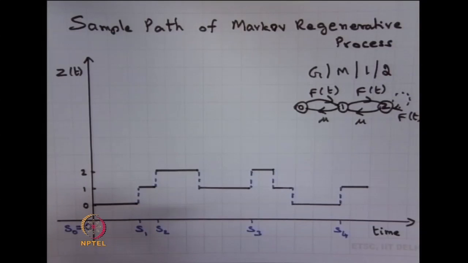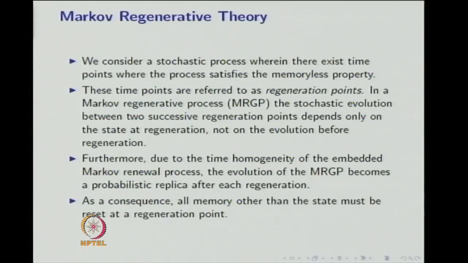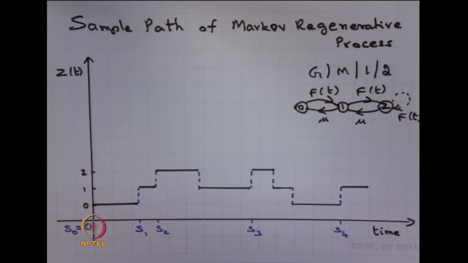Therefore, these time points are called, go back to the definition: the stochastic process where there exist time points at which the process satisfies the memoryless property. The time points are referred to as regeneration time points. So, here S1, S2, S3, S4 are the regeneration time points.